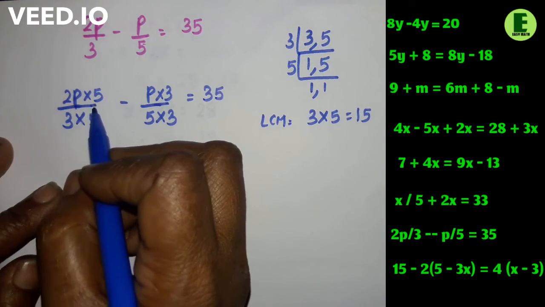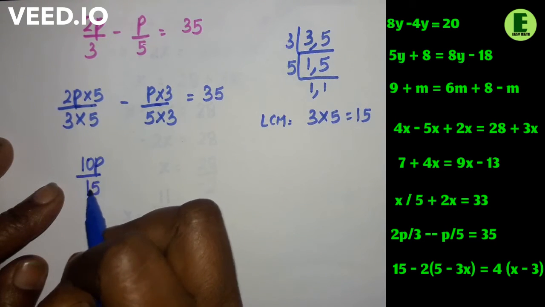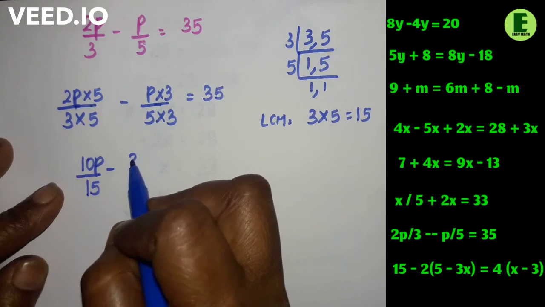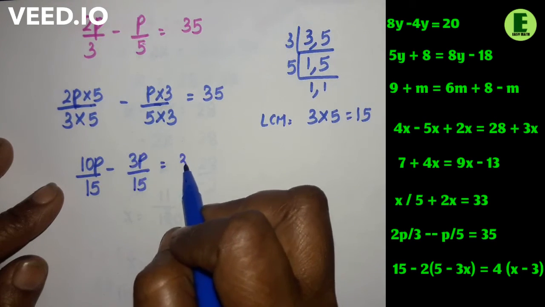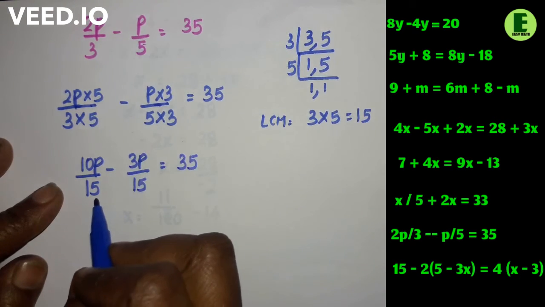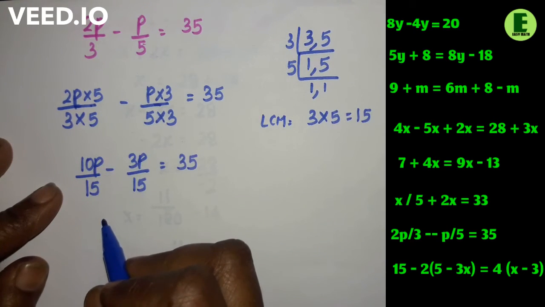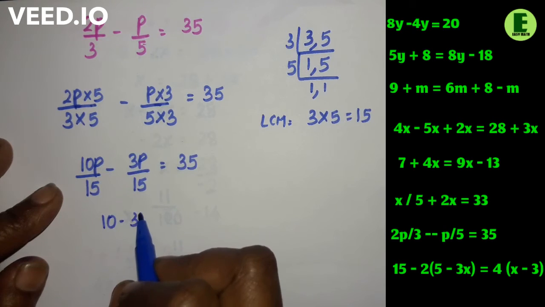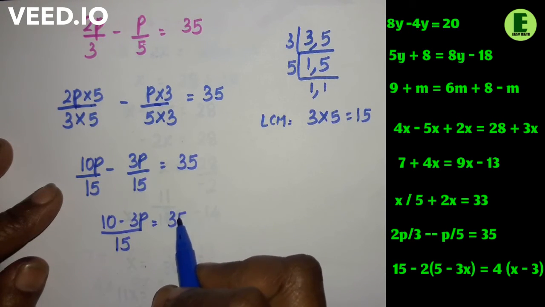Now 2p into 5 is 10p by 15 minus p into 3 is 3p by 15 is equal to 35. So now we have like denominators. So we will simplify the numerator. 10p minus 3p divided by 15 is equal to 35.